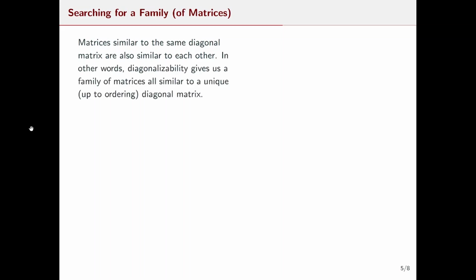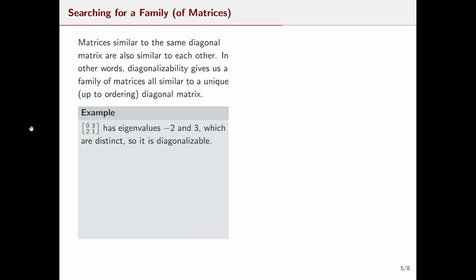One of the reasons that we like diagonalizable matrices is that they give us a family of similar matrices. That is, if 2 matrices are similar to the same unique diagonal matrix up to an ordering of their eigenvalues, then they're actually similar to each other. Let's look at an example. For instance, the matrix [0 3; 2 1] has eigenvalues −2 and 3, which are distinct, so we know it to be diagonalizable.